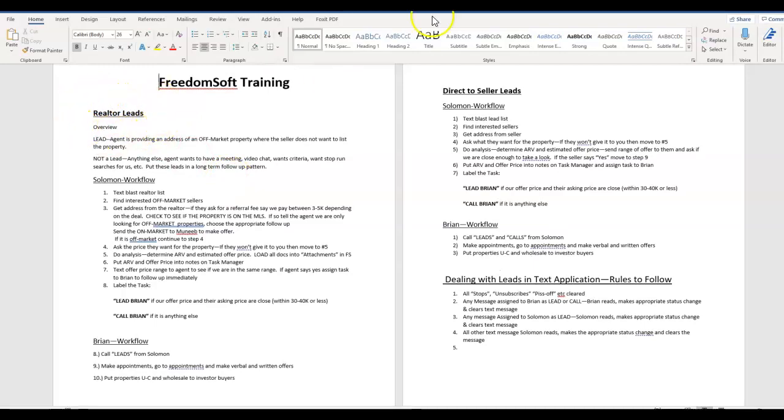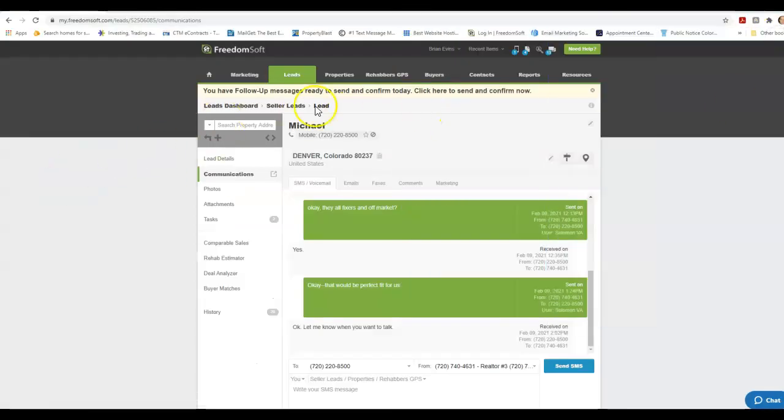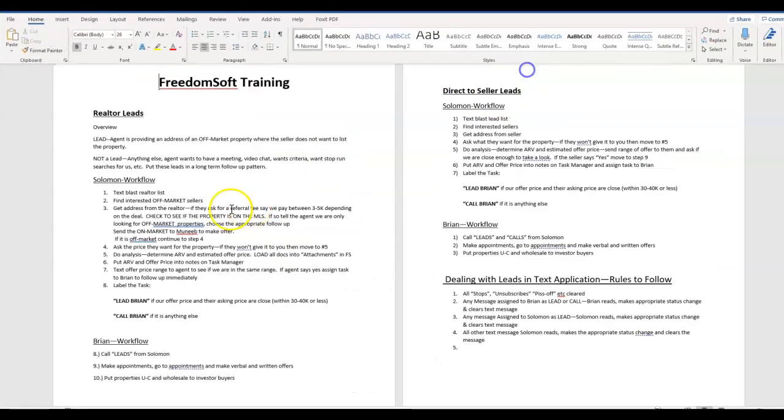But on realtor leads, which this is a realtor lead, here is a lead and not a lead. Let's go over this again. A lead is an agent providing an address of an off-market property that the seller does not want to list. That's a lead. Pretty much anything else is not a lead from a real estate agent.